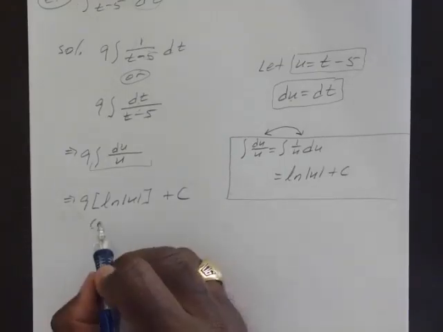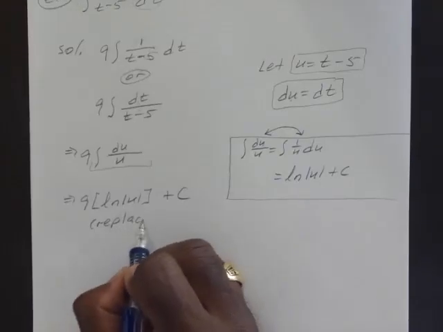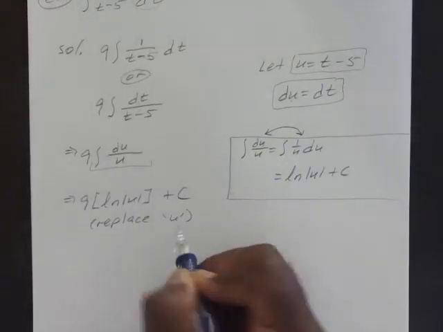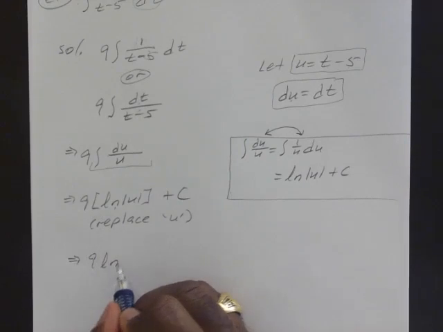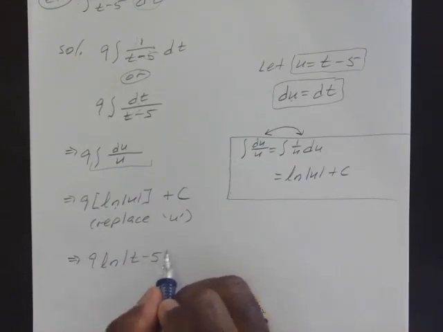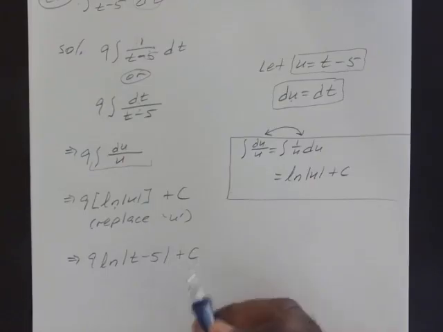So now if we just go ahead and replace our u, you see that our final answer will be 9 times the natural log of u, that becomes the natural log of t minus 5 plus c.